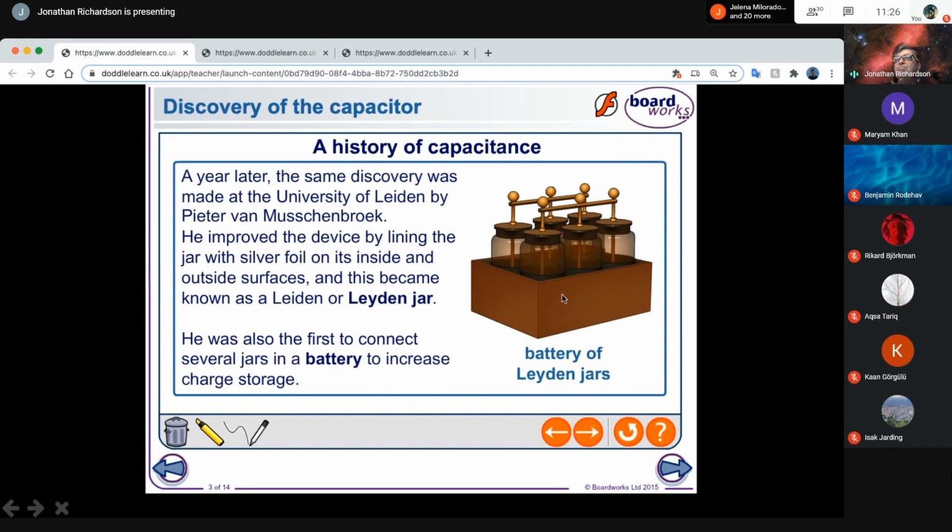So this battery of Leyden jars actually allowed us to take stored charge inside each of these jars and transfer it to another place. And they were able to connect these batteries together to increase the amount of charge stored inside a system.